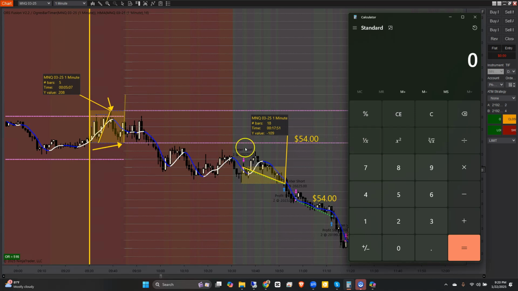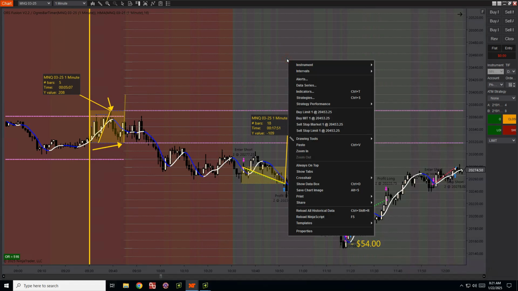Well, I think I was off. 208 divided by 2 is 104, times 50 cents. Each trade is $52. I don't know why I wrote 54 there, whatever. 52 bucks. And on this particular day, I'm going to risk 2 micros for 104 actually. Sorry, I was off by $4 there. I don't know, it must have been a typo or something.